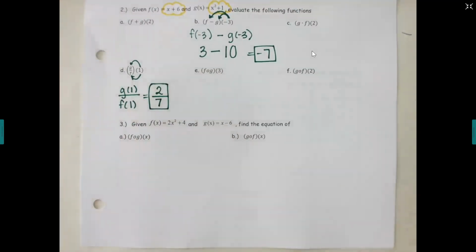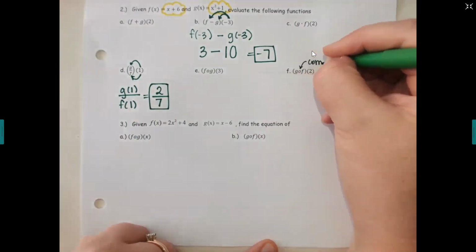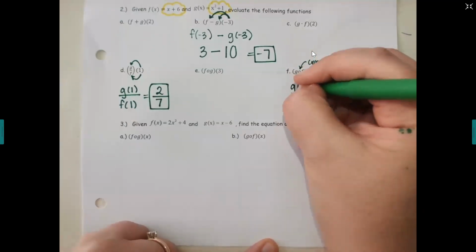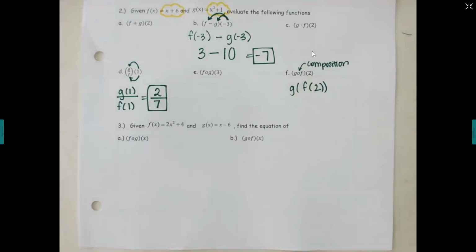Okay, now let's talk about what if you have the little circle. This is not a multiply, this is a composition. Remember that if you get a composition, you're going to exchange that little circle for double parentheses. You're going to find G of F of 2.